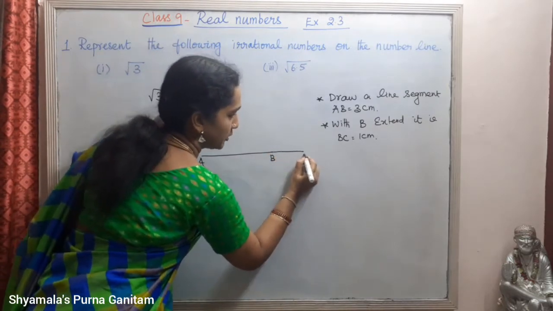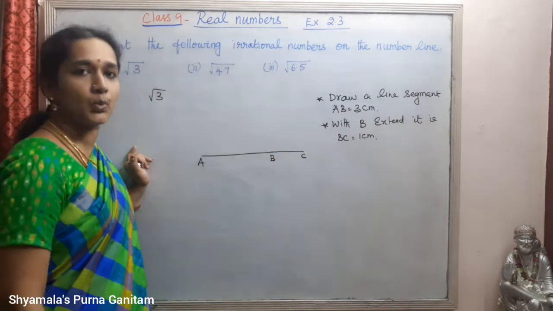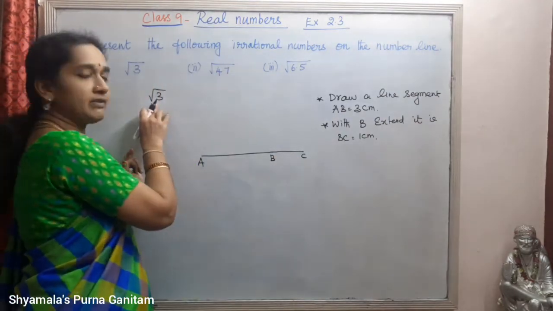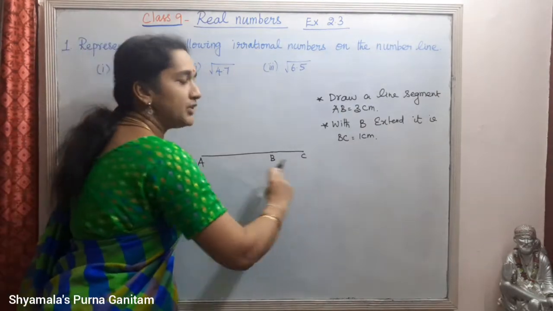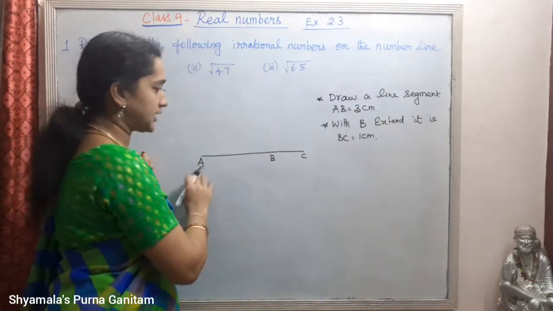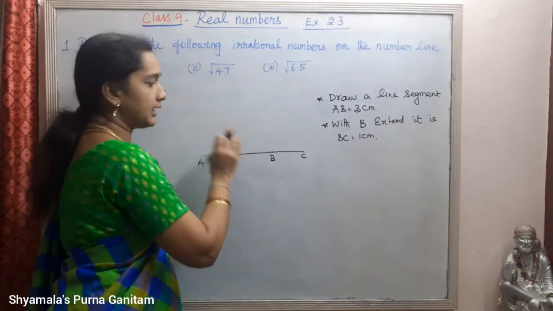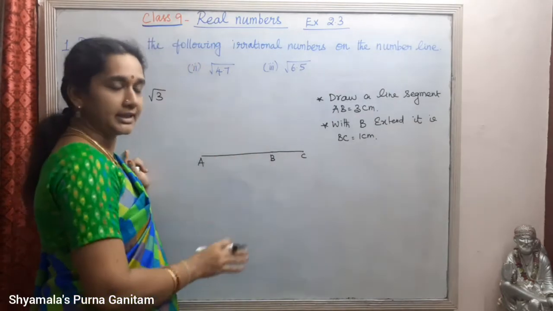Whatever number we have inside the root, 1 centimeter has to be added to it and we mark that line segment. So first AB is 3 centimeter, then BC is 1 centimeter.